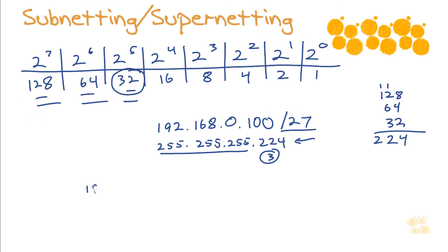So we have 192.168.0, and then we would have 0 to 31 is one subnetwork. 192.168.0.32 to, what's 32 more? It would be 63 is the next subnet.